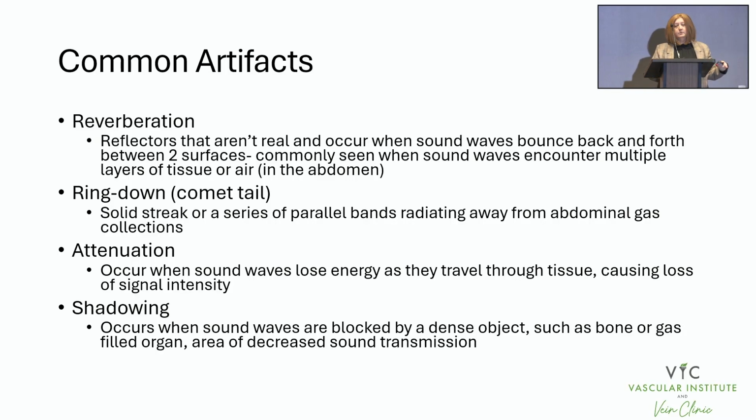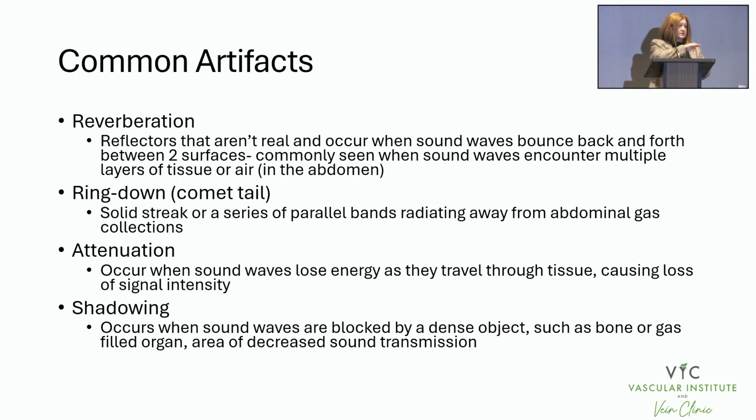I'm not going to belabor these artifacts, but we need to know what the artifacts are, because a lot of times it will cause you to make a wrong interpretation on your study just because you weren't familiar that was a reverb, and that what you're imaging is not real, it's reverberation.